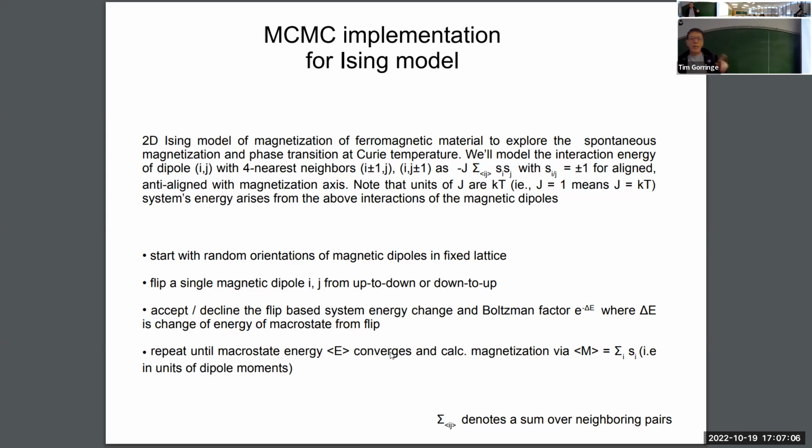Now, if we repeat that many times, remember on Monday's class we had to burn in and equilibrate the macro state, and then once we got equilibrium, we could extract the internal energy. It's exactly the same thing for extracting the magnetic energy.